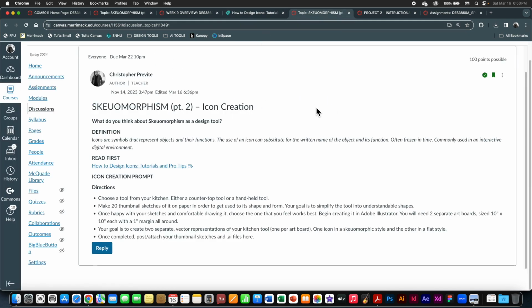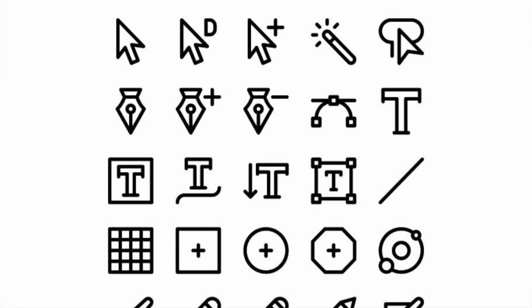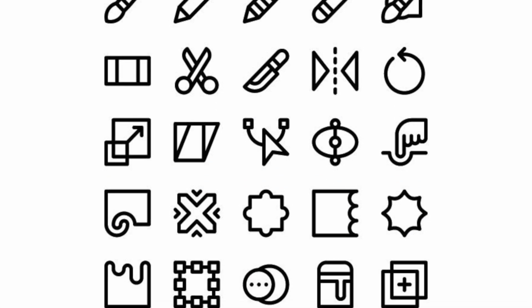All right, so part 2 of our skeuomorphism discussion, icon creation. So, of course, last time around, you guys responded to the prompt with regard to how useful or timely or appropriate skeuomorphism is as a design system, as a design philosophy. So today we are going to focus specifically on icons. Icons, of course, are symbols that represent objects and their functions.